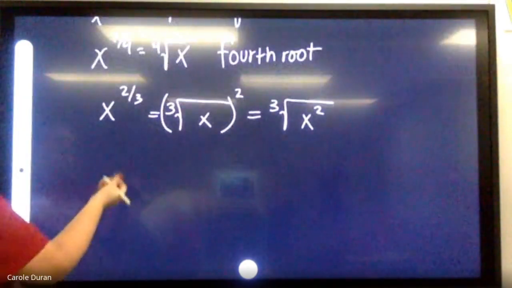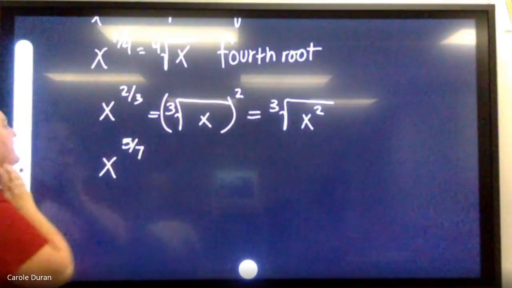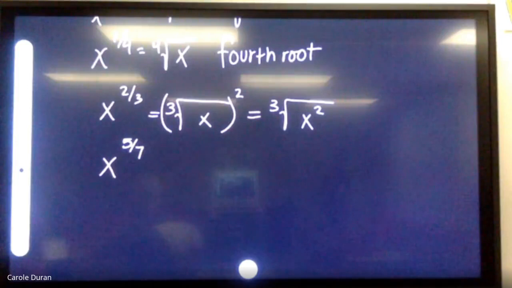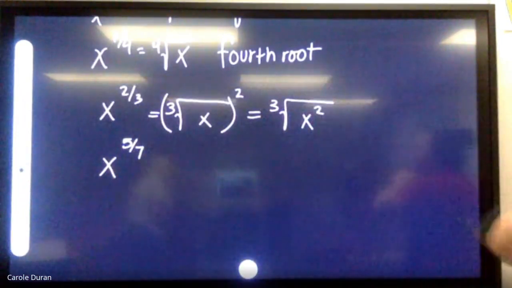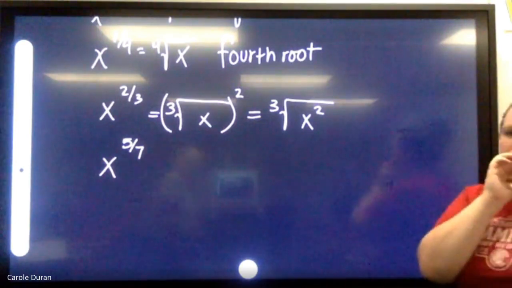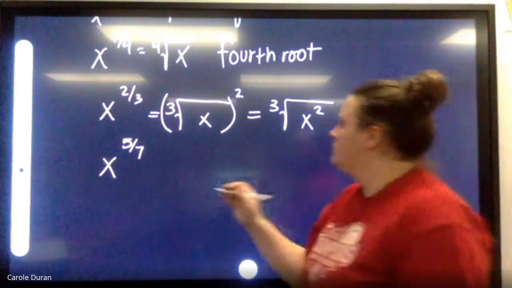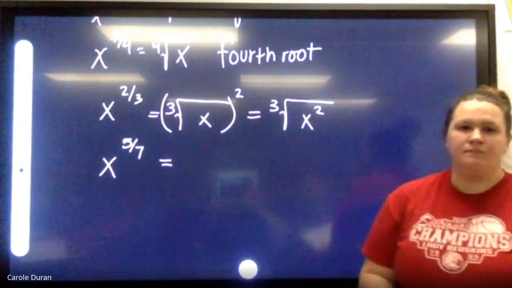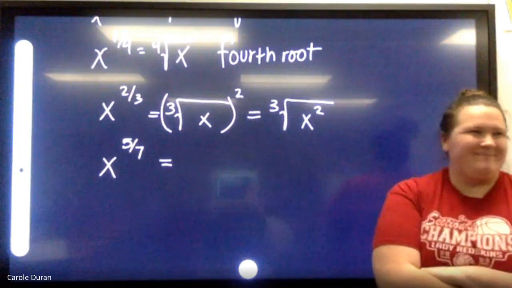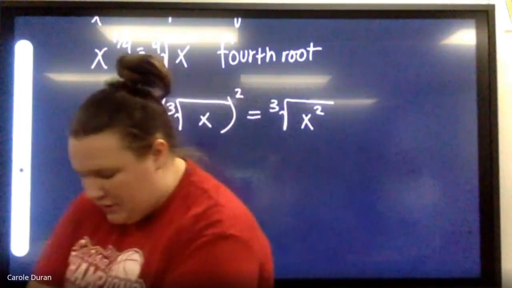So then I'm going to have you practice. What if I gave you x to the 5/7? I would like you to write that using radicals, like we did in the 2/3 problem above it. Jonah, what's the root that you just took?